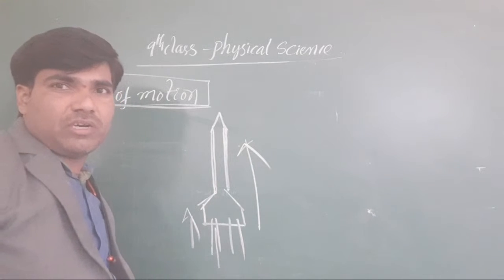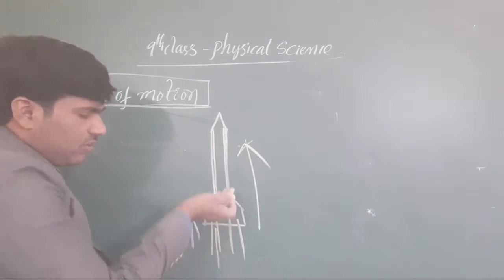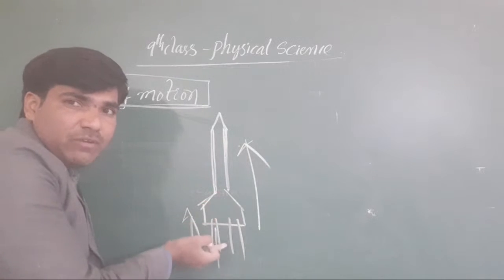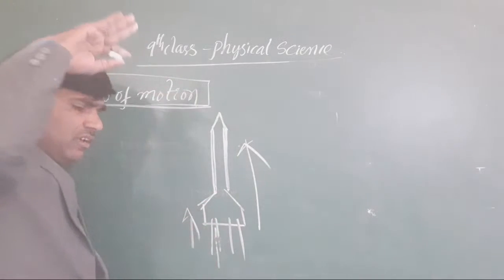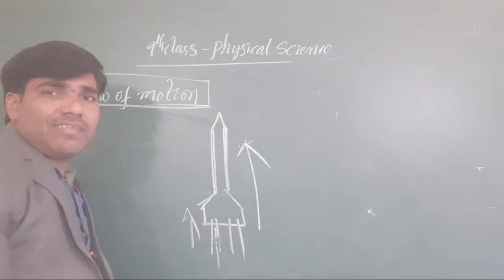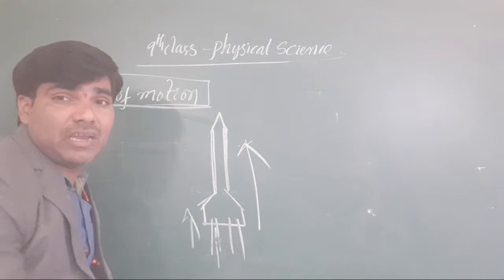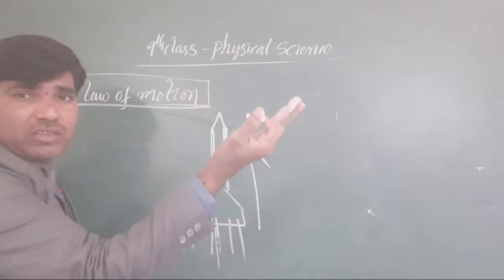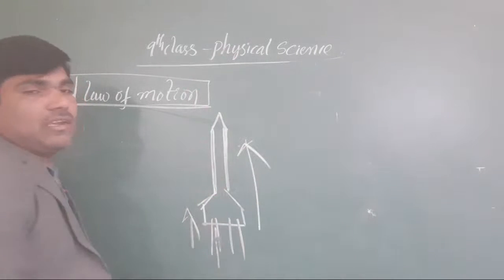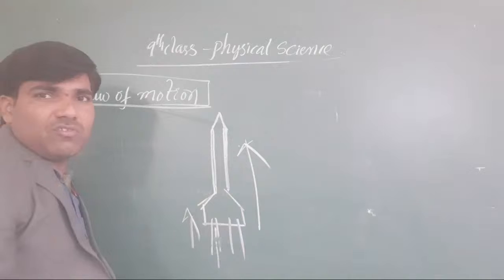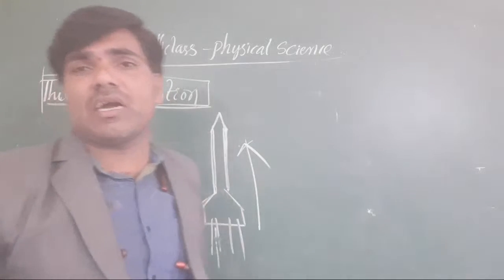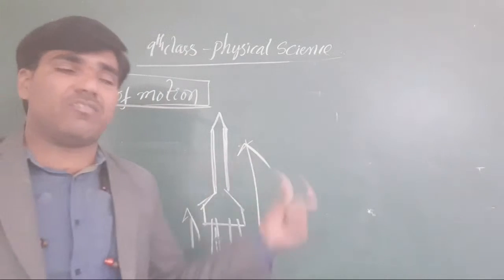Clear or not, all the students? Whatever smoke or fire is coming from this nozzle is giving force on the earth, and automatically the earth is giving force on the rocket in the opposite direction. Clear or not? In this way only, the rocket starts its motion.